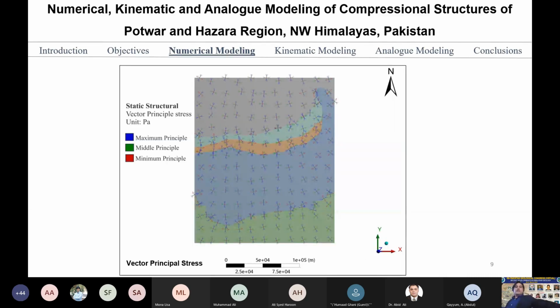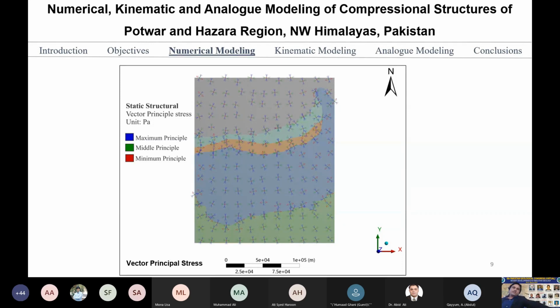This is the result of the maximum principal stress rotation. You can see that on the metamorphic part, which is shown in gray color, the stresses are continuously passing through that part. Maximum principal stress is denoted by blue color, and minimum is in red color. So the metamorphic part allows the stresses to pass through the area, and there is a sudden change in stress rotation, sigma 1 rotation, when it strikes the Panjal thrust.